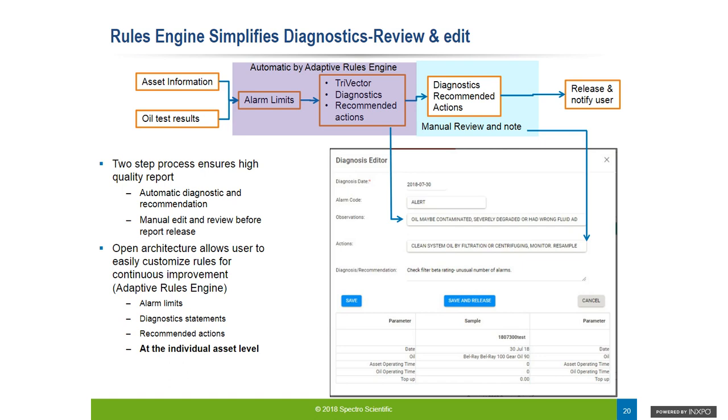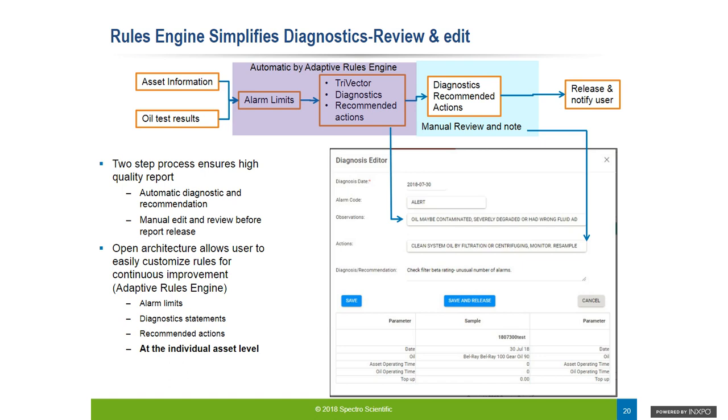So it's really a two-step process to ensure a quality report. One is the software-generated automatic diagnostic and recommendation, and then there's a manual edit and review before the report is released and then distributed.